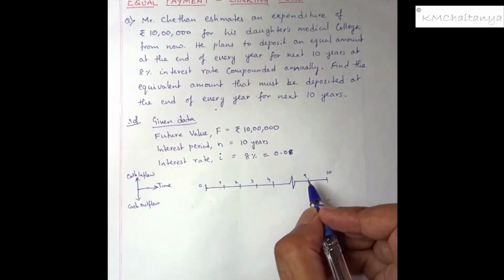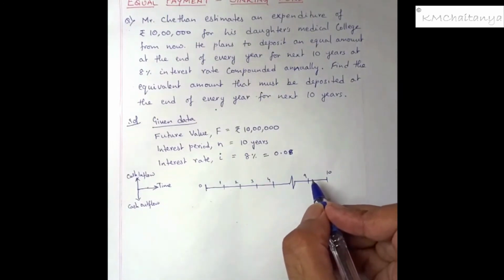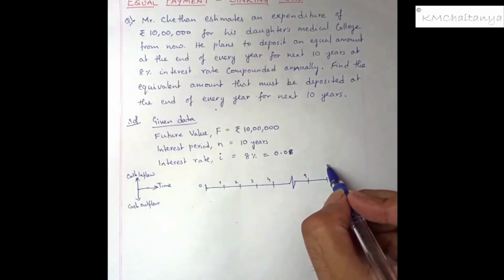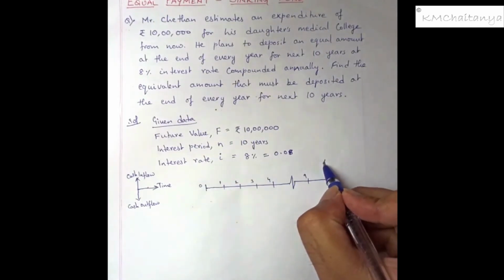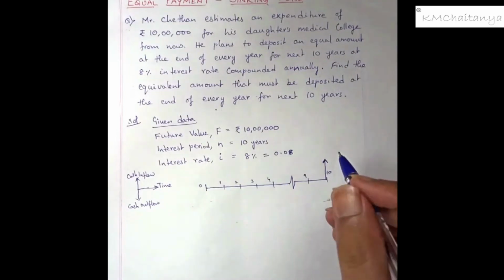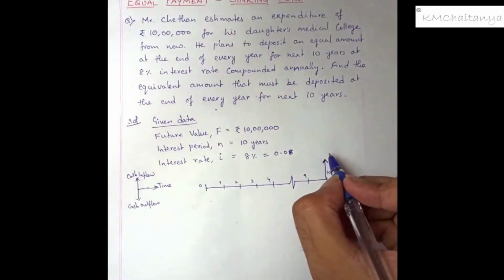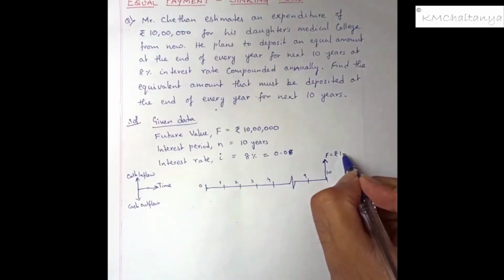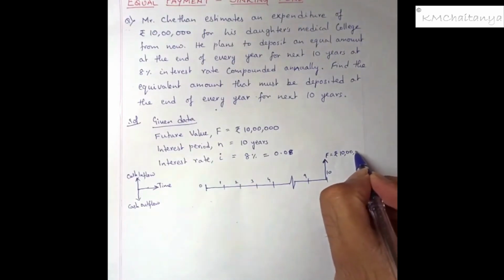So Mr. Chetan wants 10 lakh rupees coming into his account after 10 years. So we know what is the future value of Mr. Chetan after 10 years. So that money should get into his account. This is the value of F, which is rupees 10 lakh.